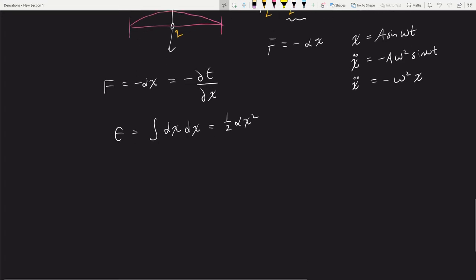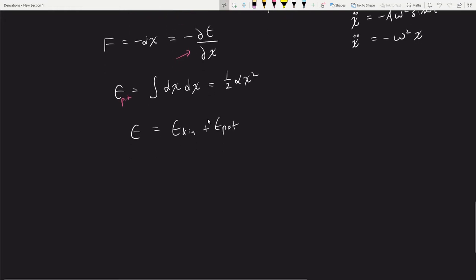Now, this is not the full energy function, okay? This is where partial derivatives really comes in. This is a partial derivative. This is the potential energy, okay? There is an energy function for the system that's a whole energy function, and it's energy kinetic plus energy potential. Okay, so once again, simple Newtonian system.